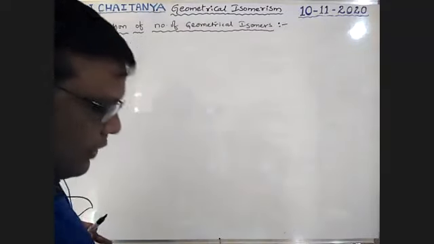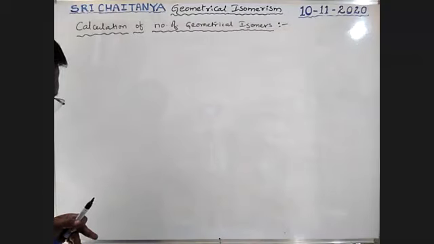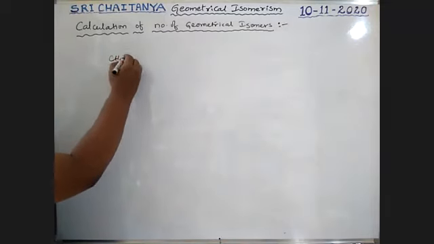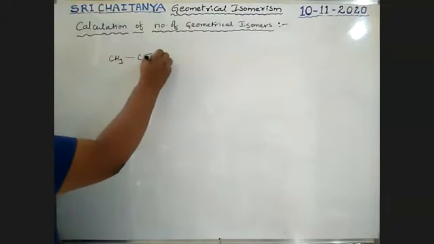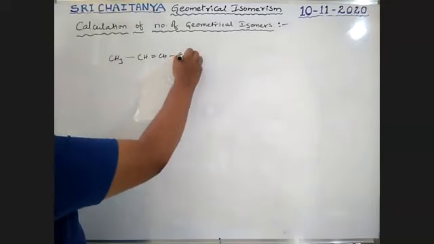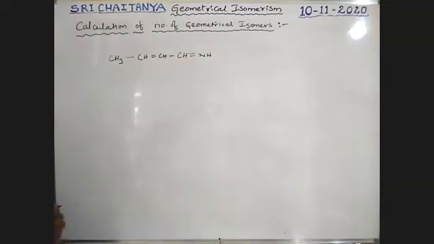Next example, some more examples. See here. CH3, CH double bond CH, CH double bond NH, CH double bond NH.